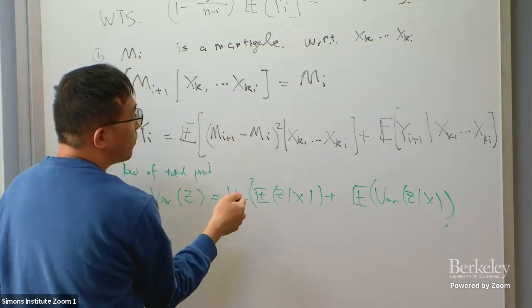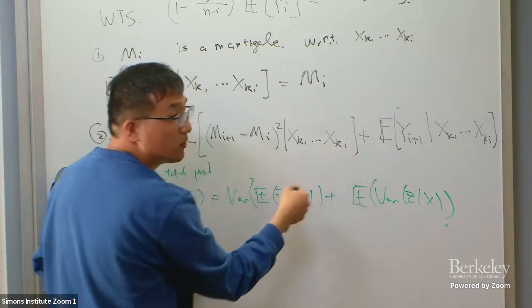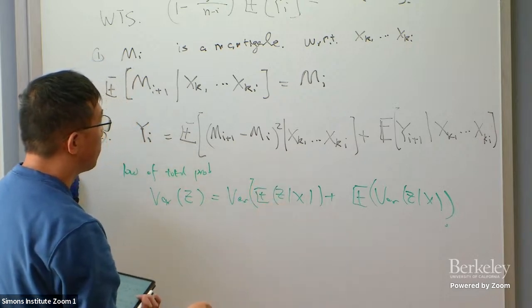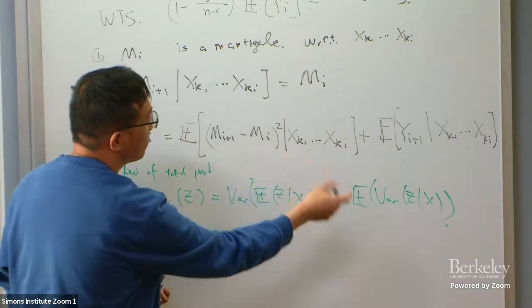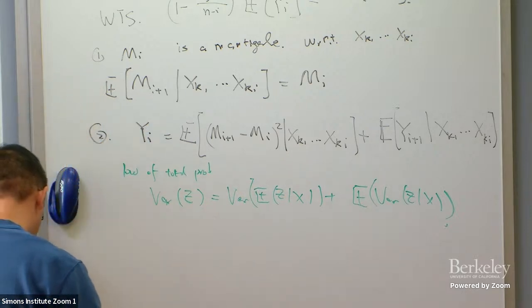If you are willing to condition on xki plus 1 taking some value, then analyzing this quantity is just analyzing all the conditional probabilities and then summing them up.